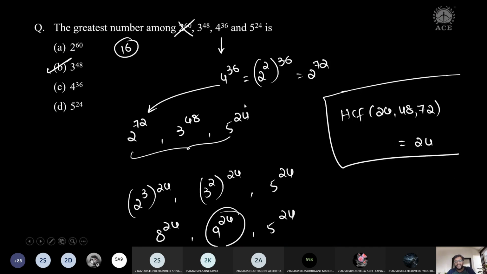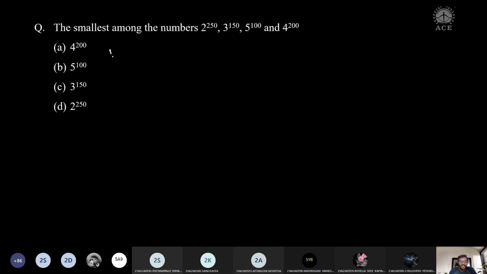Now see the next question, 17th one. 2 power 250, 3 power 150, 5 power 100, 4 power 200. Find smallest one, my dear friends. Smallest they're asking. Again, I think you can understand 4 power 200 can be written as 2 power 400.